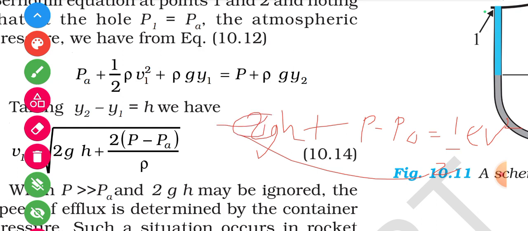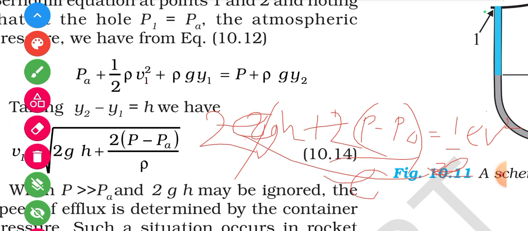Now the rho will cancel out. We cross multiply, the 2 will be shifted to this side, and 2 will be here also. We divide the whole equation by rho, so rho will cancel out here, and we take the square root.